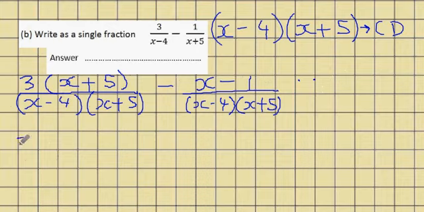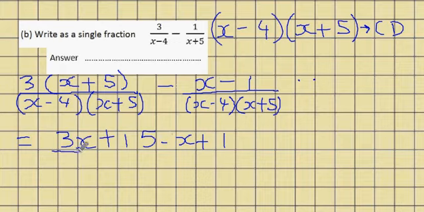So let's multiply out these brackets. 3 times x is 3x. 3 times 5 is 15. That's going to be minus a plus x, which is minus x, and minus a minus 1, which is plus 1.